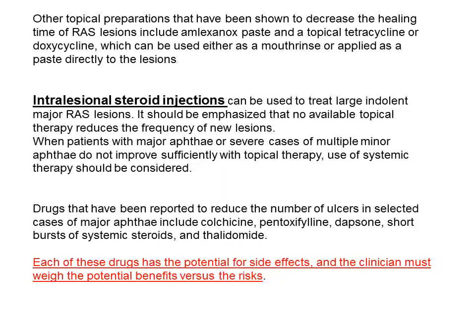Other medications may be used for those ulcers that are unable to heal in the ordinary time, such as colchicine and dapsone.